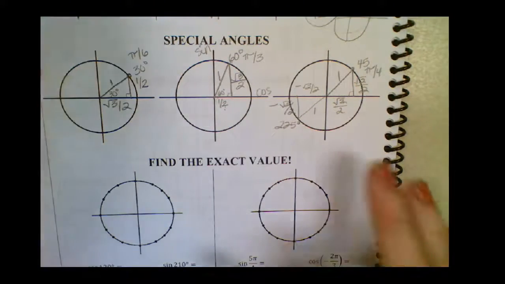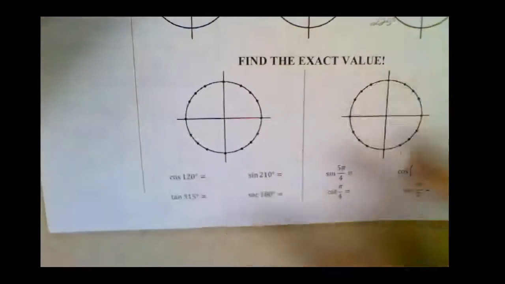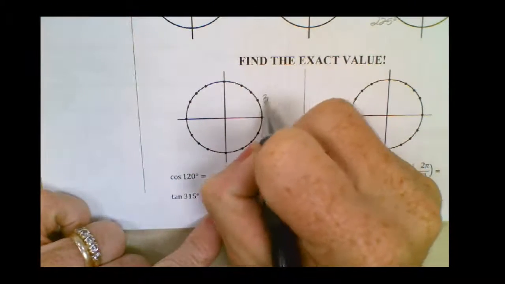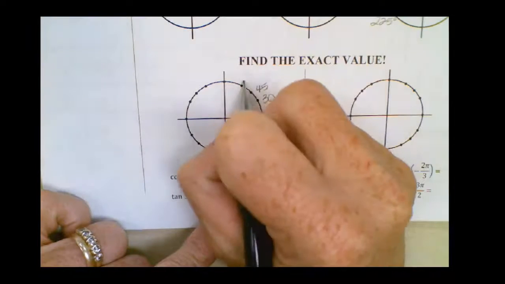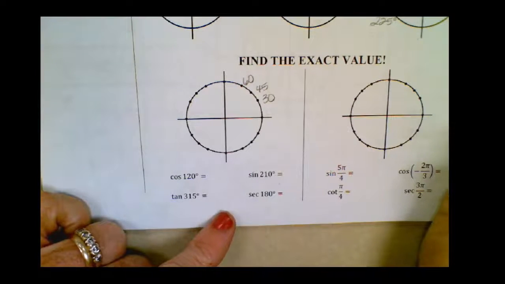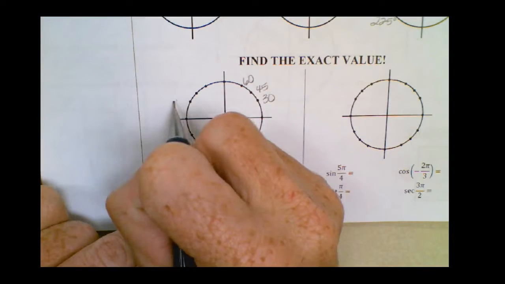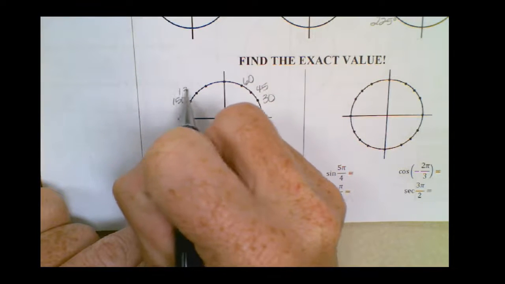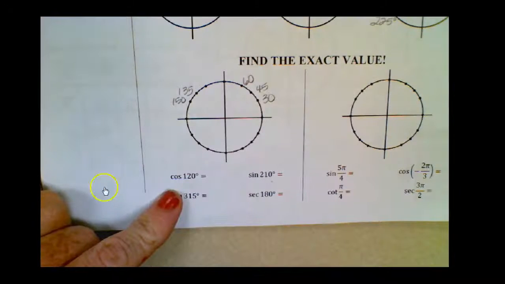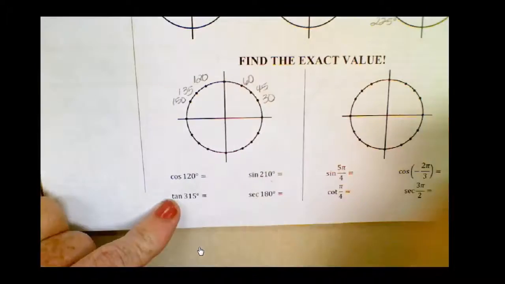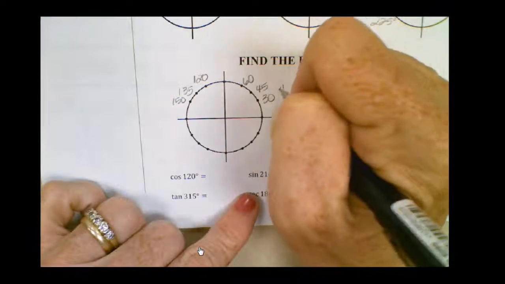So let's go down and do some practice on finding exact examples. We know our reference angles are going to be 30, 45, and 60. So 90 plus, so 30 back would be 150, 135, and 120. And let's put our pi's in. Why not?